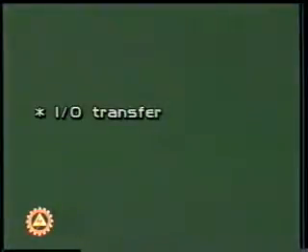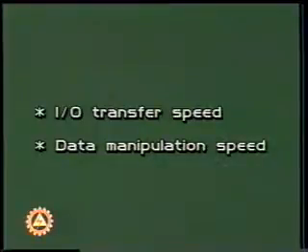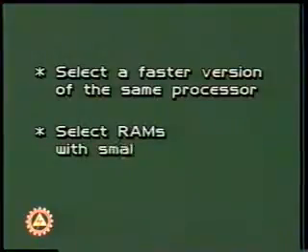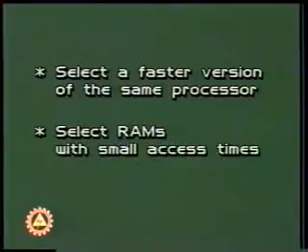We can describe it in terms of the I/O execution speed and also by the data manipulation speed. In case the data manipulations are not carried out in sufficient time, then we may have to go for a faster version of the same microprocessor, or even we may have to go for read-write memories which have a smaller access time.